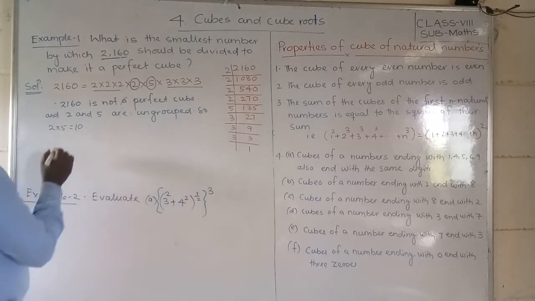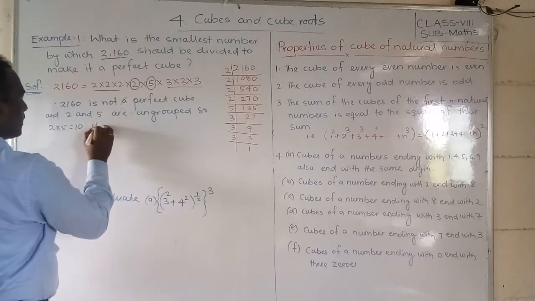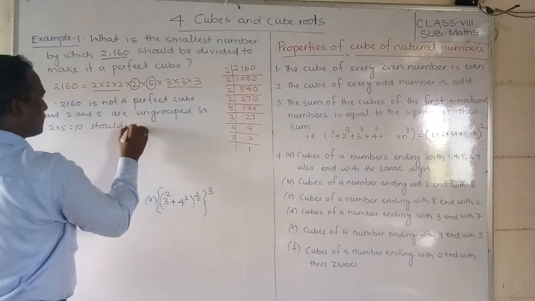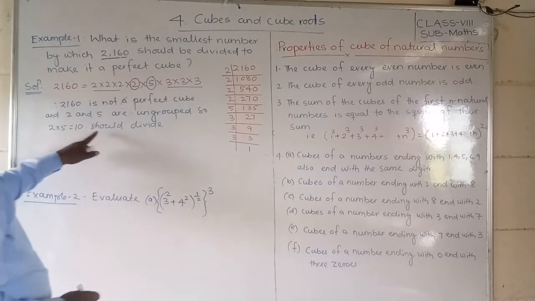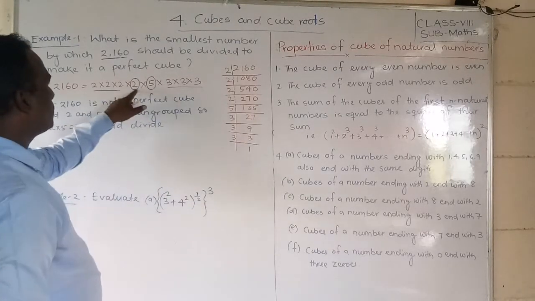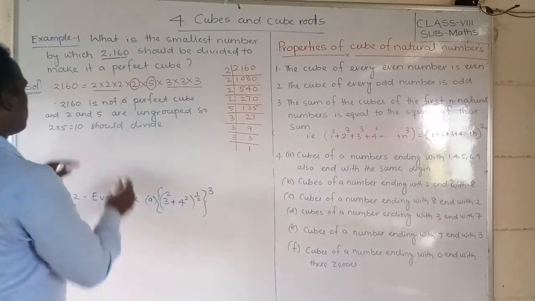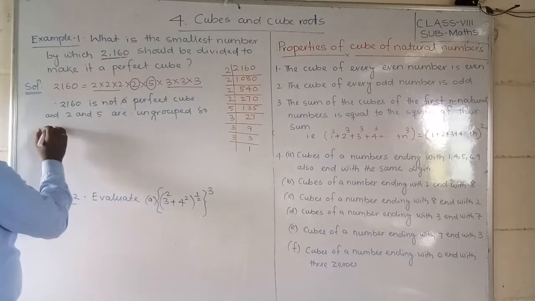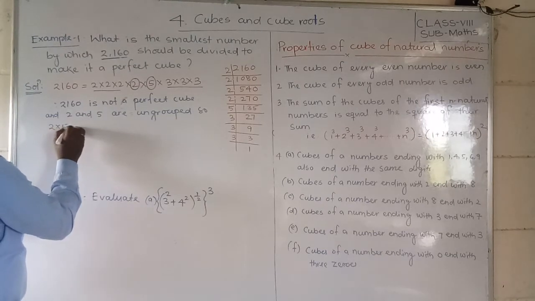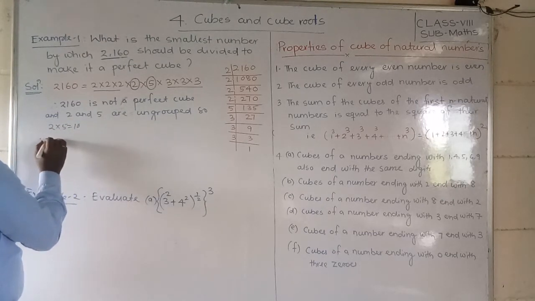So 10 should divide. 2 into 5 is equal to how much, students? 2 into 5 is equal to 10. So you can write here also, students: 2 into 5 is equal to 10. So therefore what can you write?